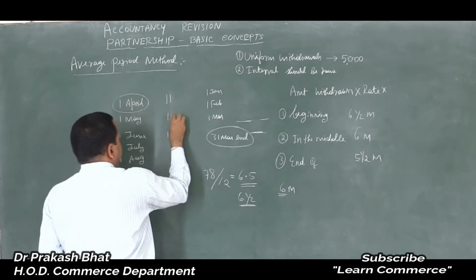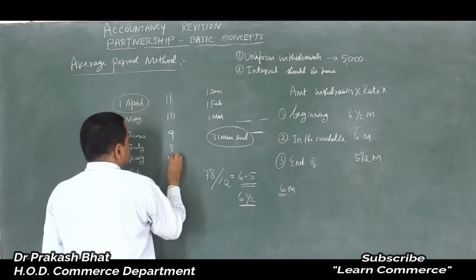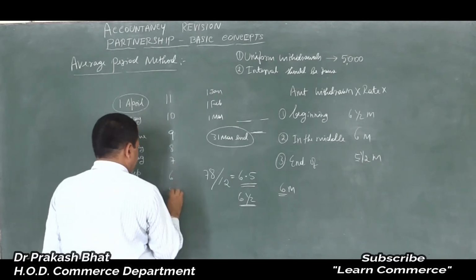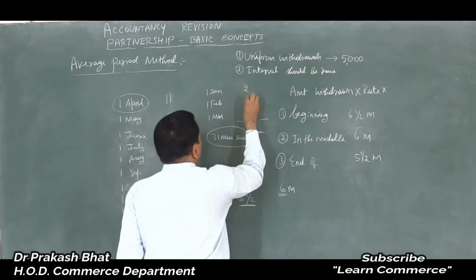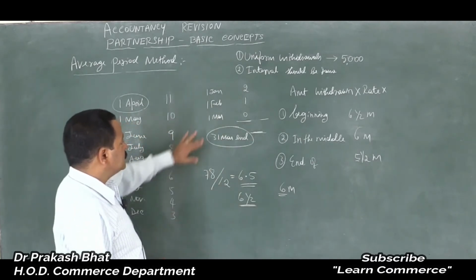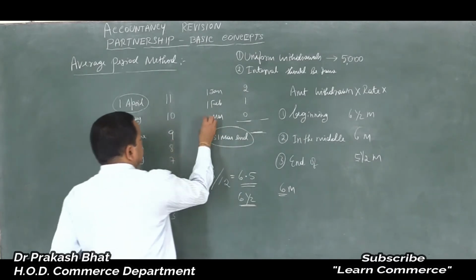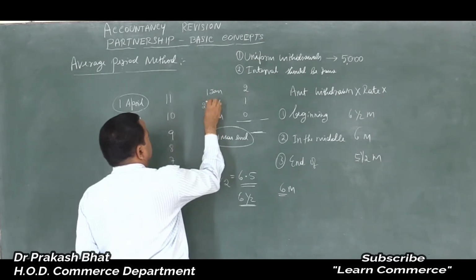Then 10 months, 9 months, 8, 7, 6, 5, 4, 3, 2, 1, 0. Because not 1st March, it is 31st March, 28 or 29 February, isn't it?